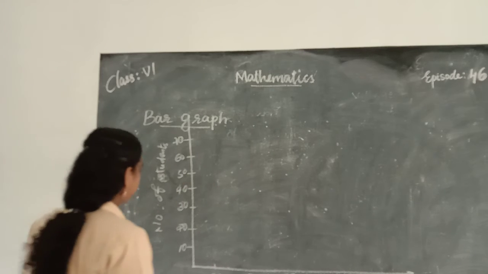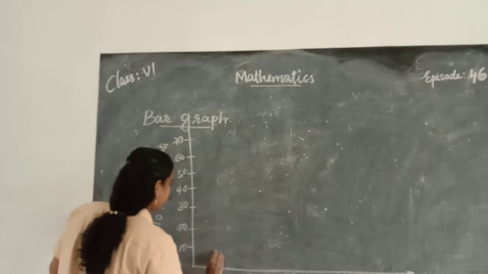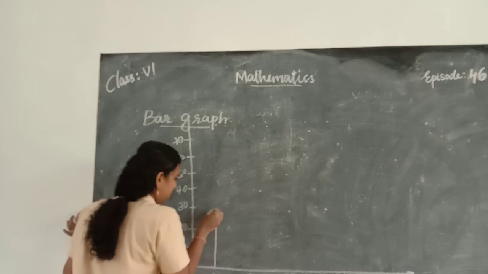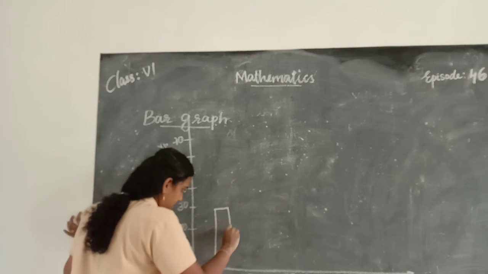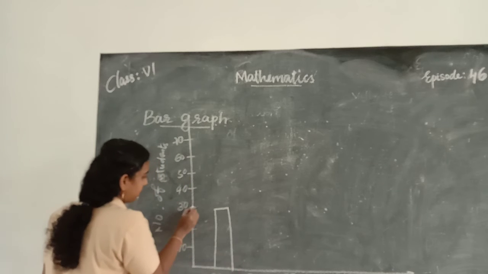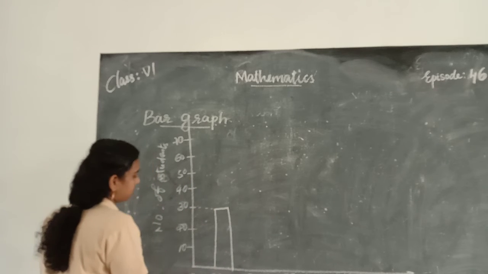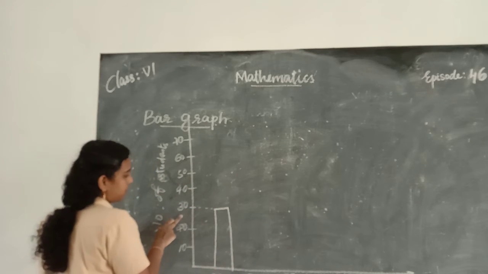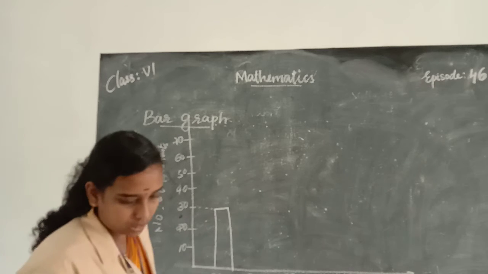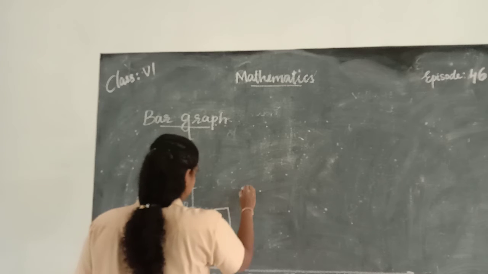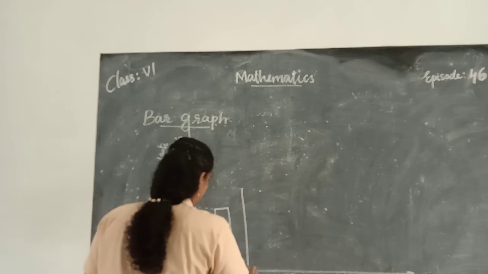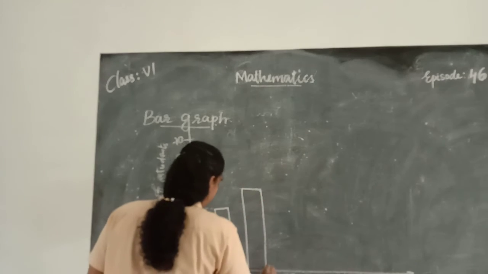And the bar graph is drawn like this. Draw two lines with spacing between the numbers. And here it stands for 30 students. In 2000 the number of students present is 30, and 2001 is 40. 40 is here, so draw 40.